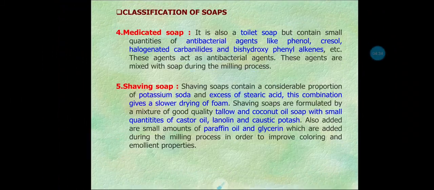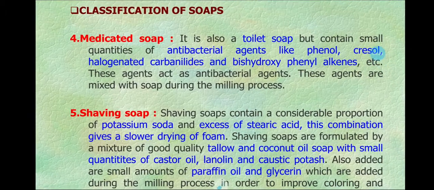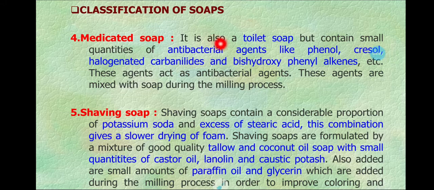Next is the fourth class, medicated soap. It is also a toilet soap, used for washing and bathing, but it contains a small quantity of antibacterial agents as additives, like phenol, cresol, halogenated carbanilides, and bis-hydroxyphenylalkane.